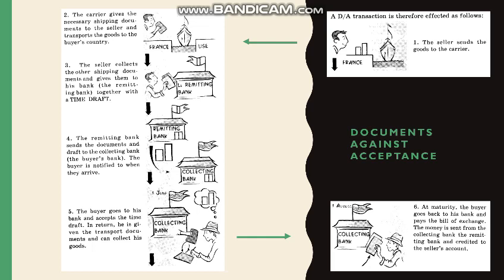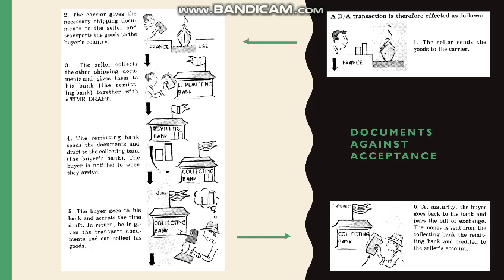In return, he is given the transport documents and can collect his goods. And the last step, at maturity, the buyer goes back to his bank and pays the bill of exchange. The money is sent from the collecting bank to the remitting bank, and credited to the seller's account.